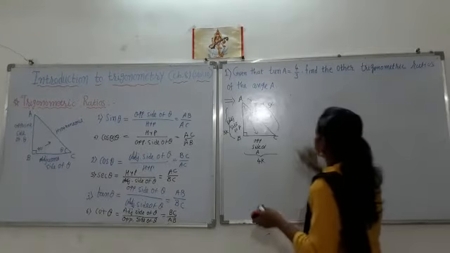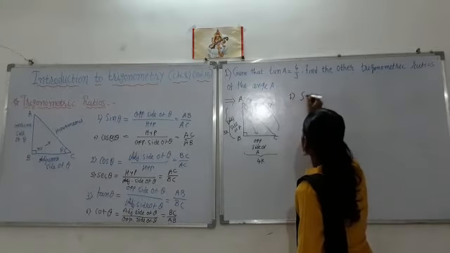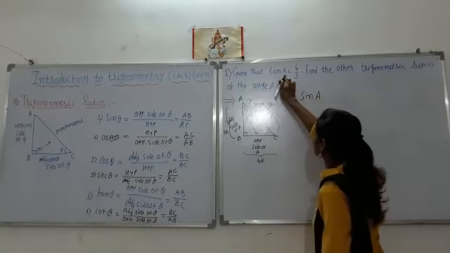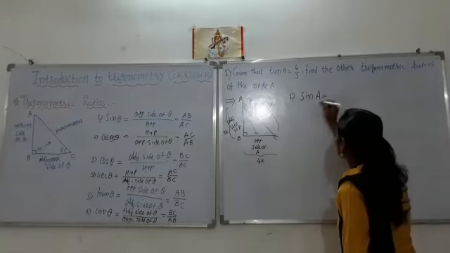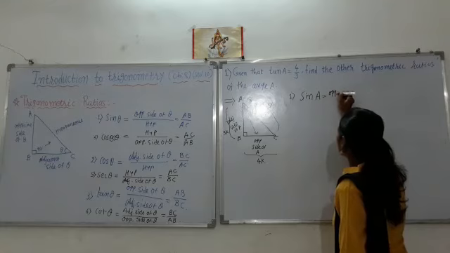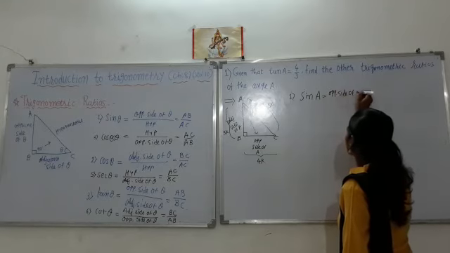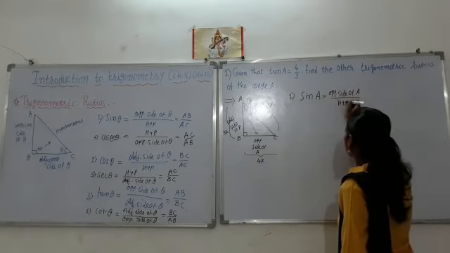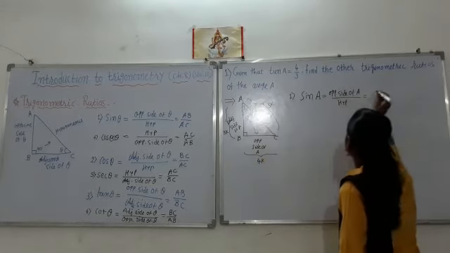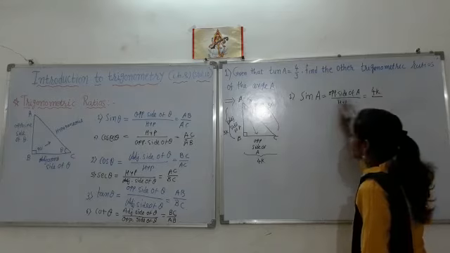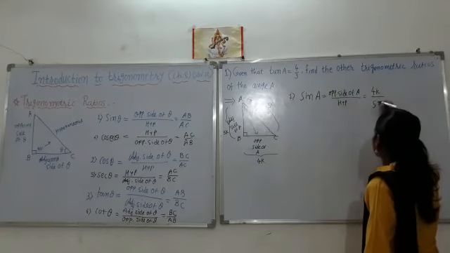Your first is sin theta. So what is sin A? Because our theta in this question is A. The sin A formula: opposite side of A upon hypotenuse. The opposite side of A is 4K and the hypotenuse is 5K.